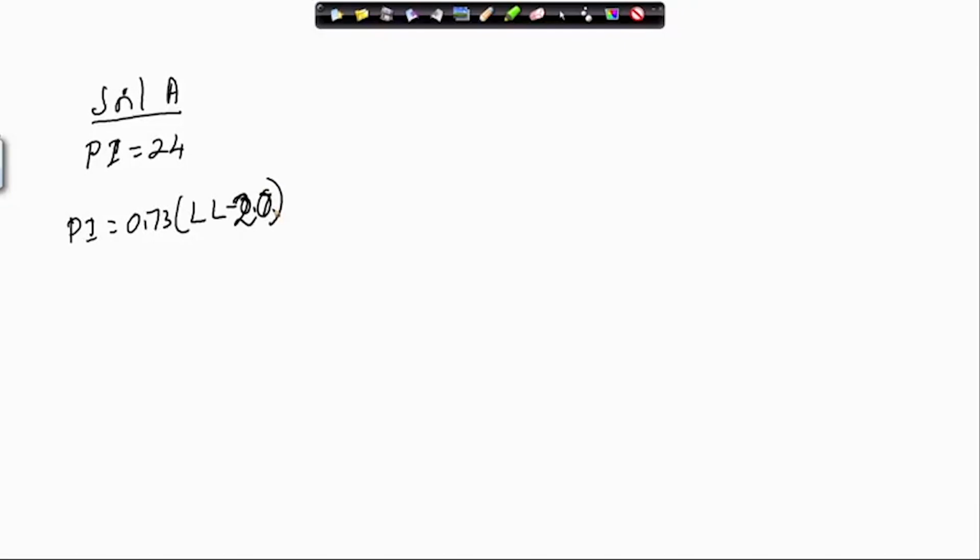Now if I put the liquid limit equal to the value given and calculate, then I will see that the PI comes to 17.52. So, this means this clay is lying above the A line, and if the soil comes above the A line, then the soil is a clay soil.